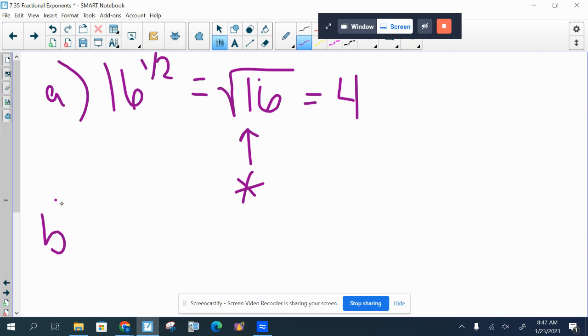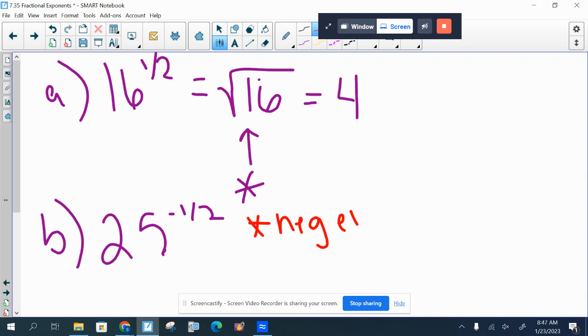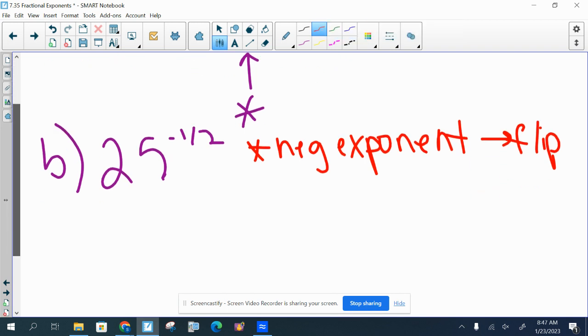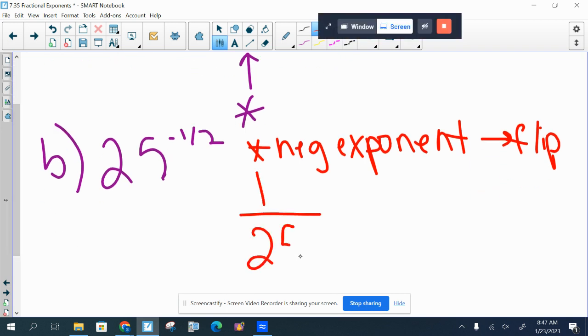All right. Part B says 25, and this is beside it, not underneath it, but I'm just going to write underneath. 25 to the negative 1/2. So first of all, you want to take care of your negative exponent. Negative exponent means flip it around. So we'll do 1 over 25 to the positive 1/2.